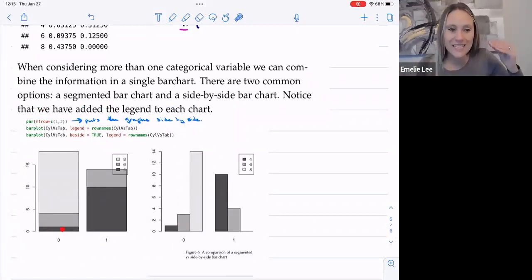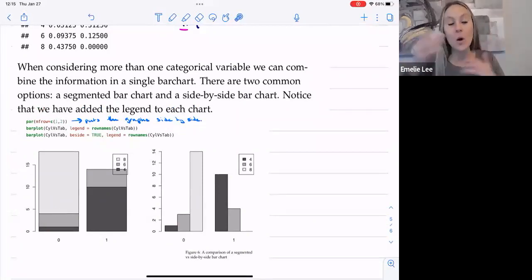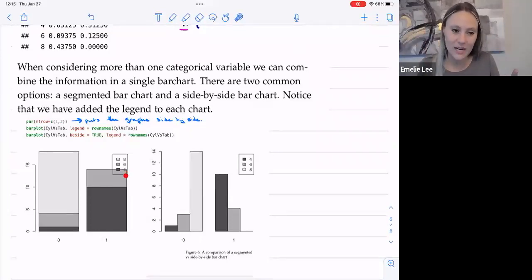Whereas here, each segment is part of the same bar, and it shows how much of each bar is made up by each category. Here we've summarized two pieces of information, the V-shaped engine versus the straight engine, and how many cylinders each of the cars have. We're showing the same information in both of these.